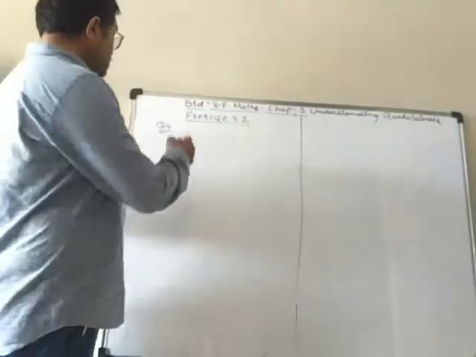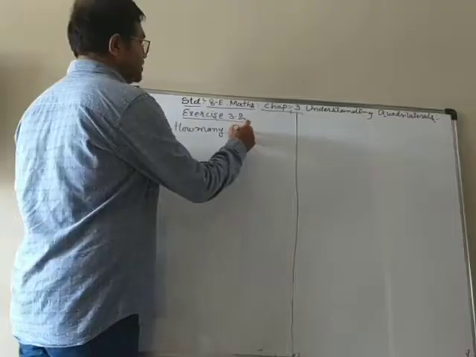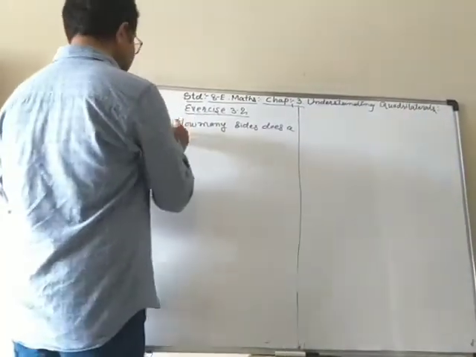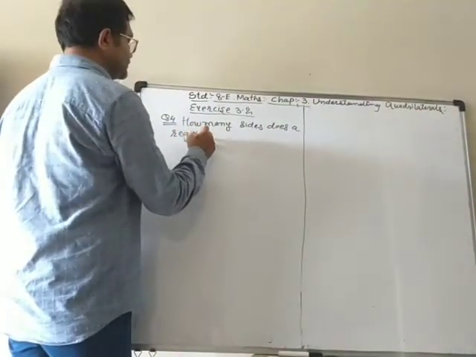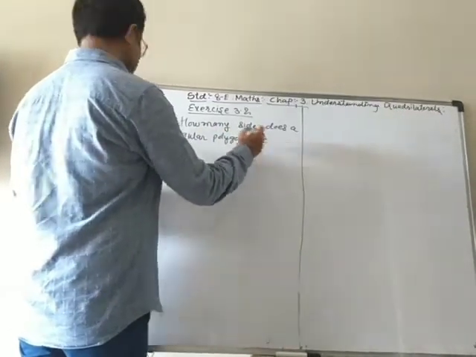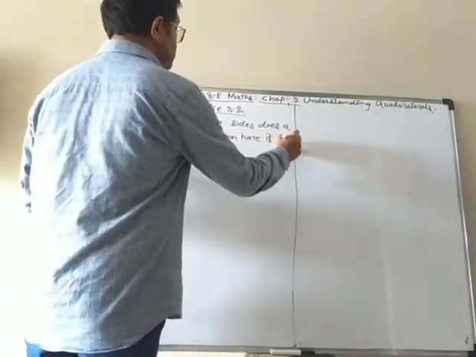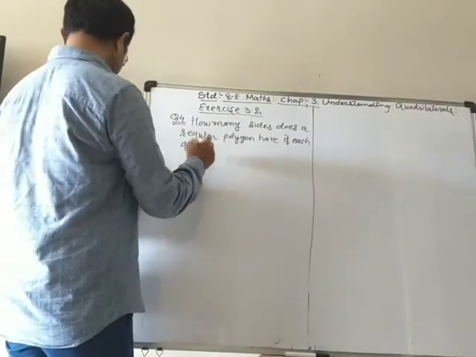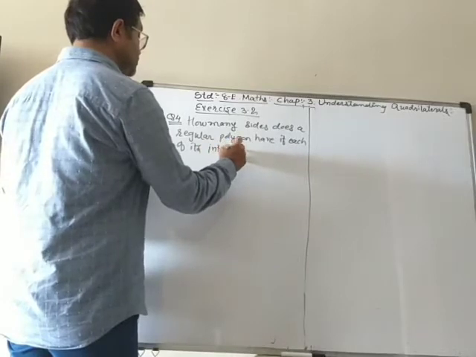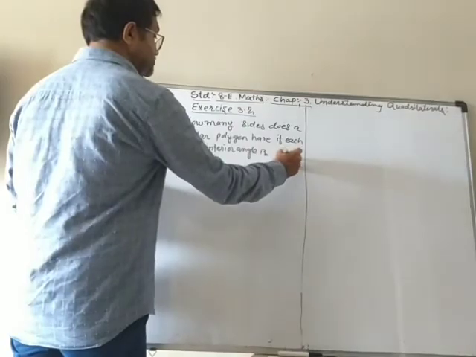4. How many sides does a regular polygon have if each of its interior angle is 165 degree.